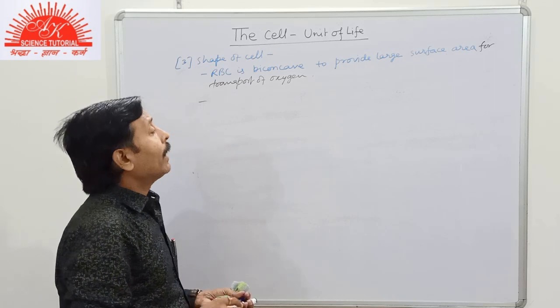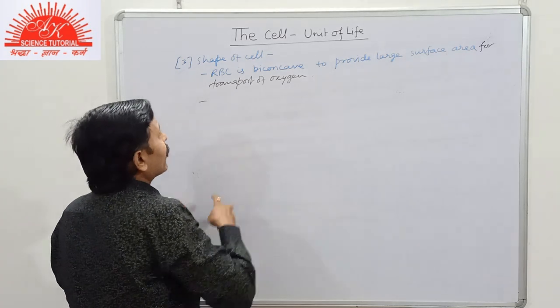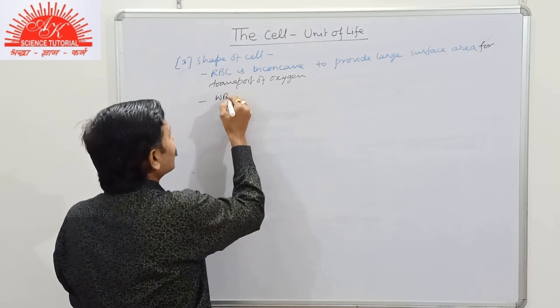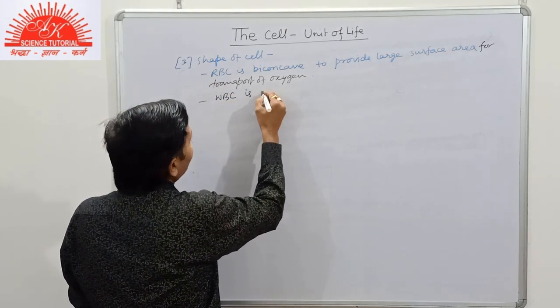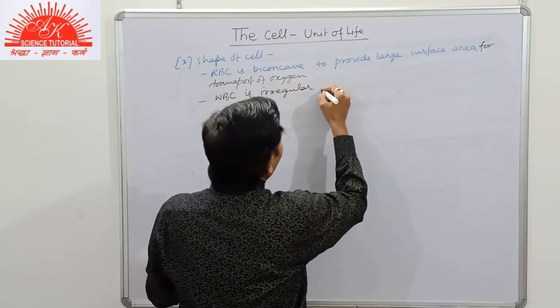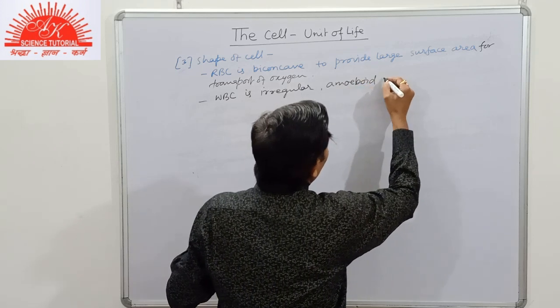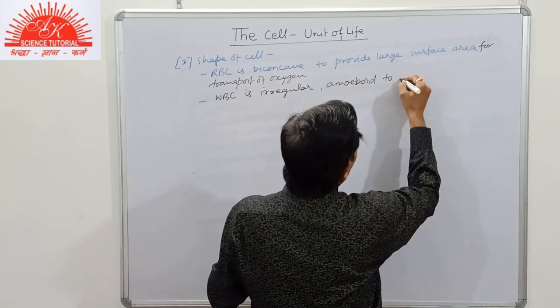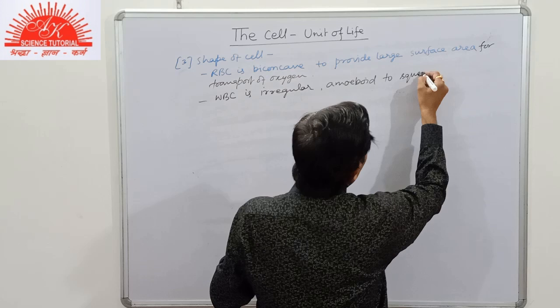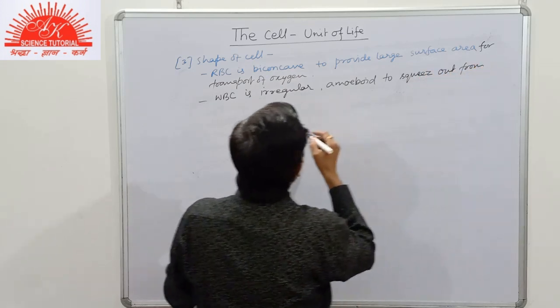Similarly you see, we know that WBC is irregular, amoeboid, to squeeze out from blood capillary.